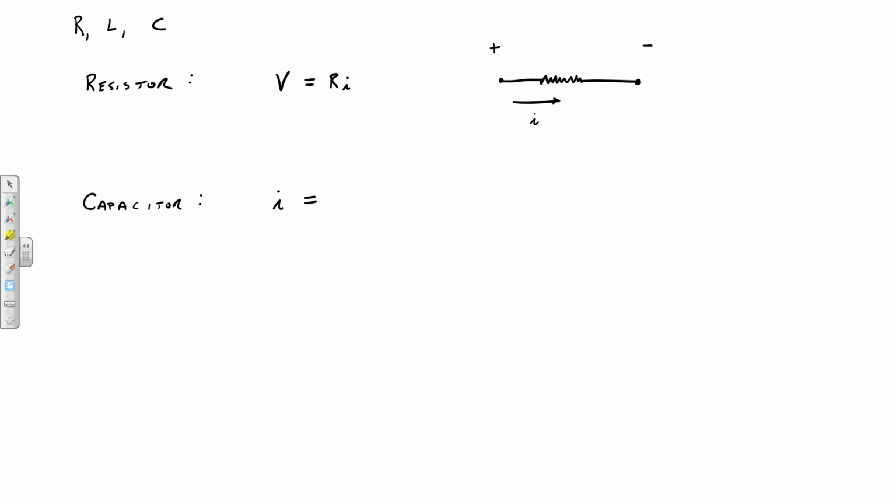The current is equal to the capacitance times the derivative of the voltage. There's other ways to write it, because you can also write this, which is less commonly written, but you can do it as well. Both of those are acceptable ways to write it, and it just depends on how you want to set it all up.